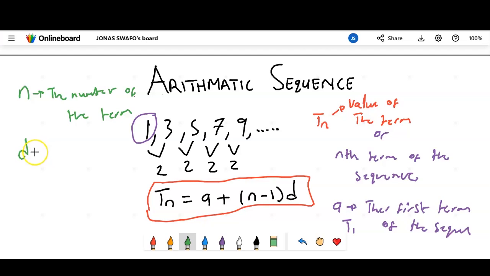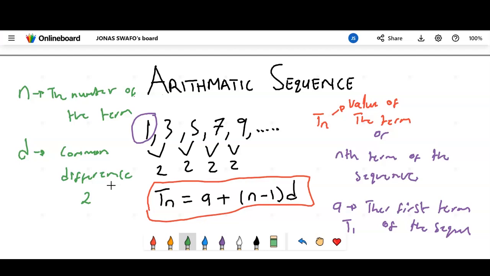Yes, you guessed it. It is the common difference, right? Like we said from this example, we can clearly see that our common difference was 2. So this general formula helps us to answer questions they would ask us normally.